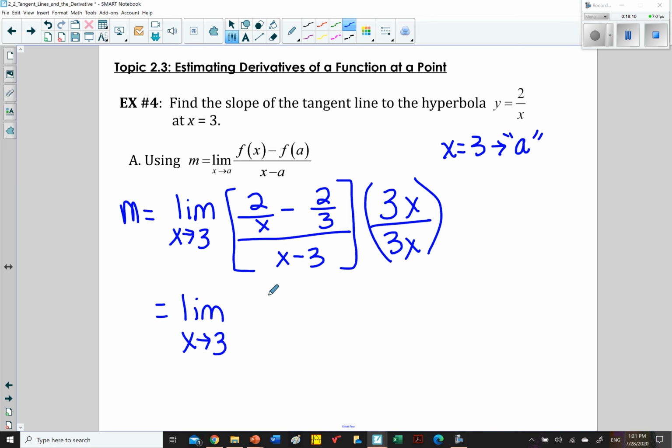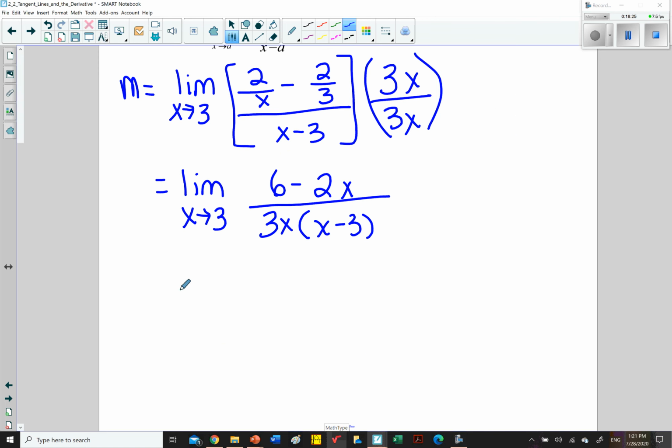So as x approaches 3, that's going to give us 6 minus 2x divided by 3x times the quantity x minus 3, which is convenient because now I can factor out from the top a -2 and end up with x minus 3, which will eliminate that factor in the denominator.